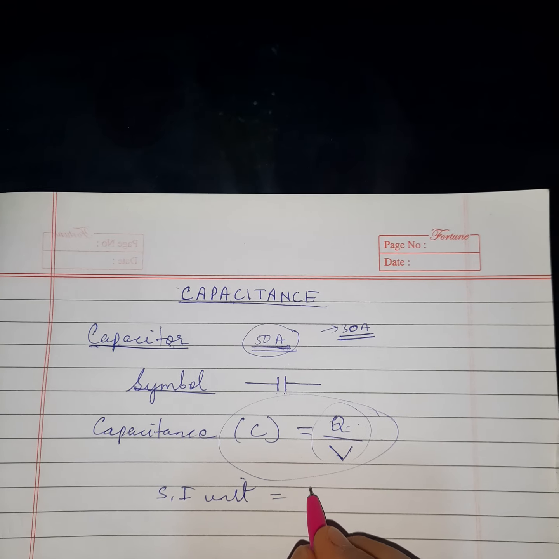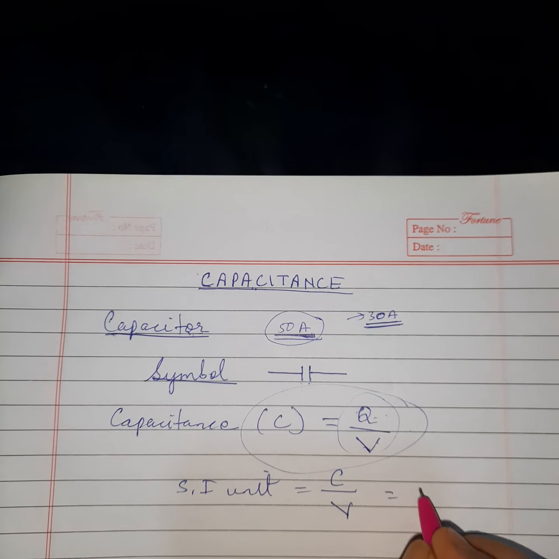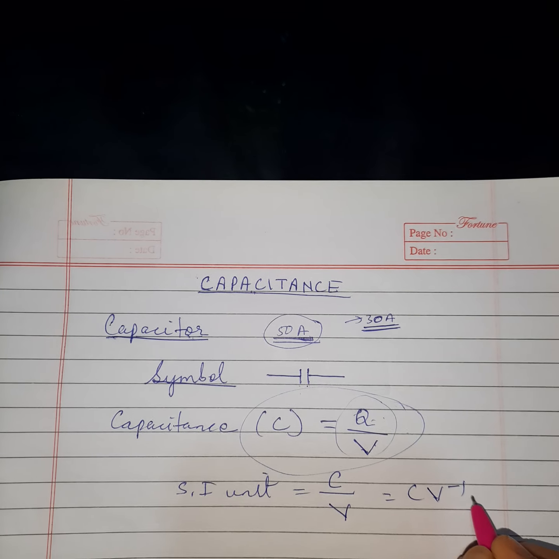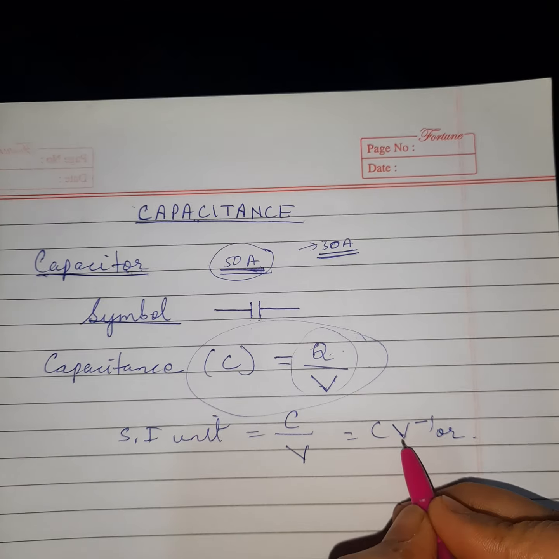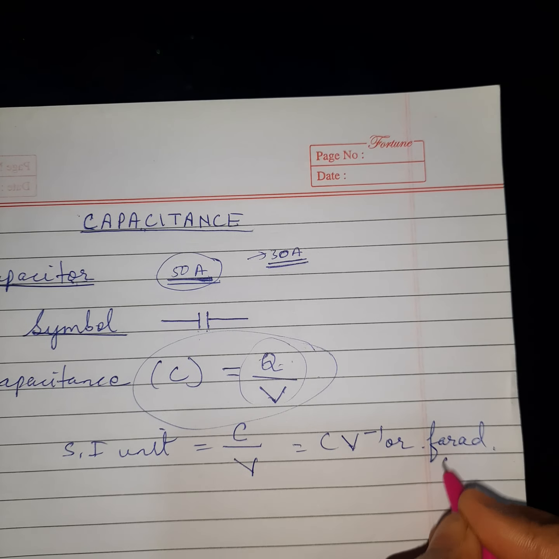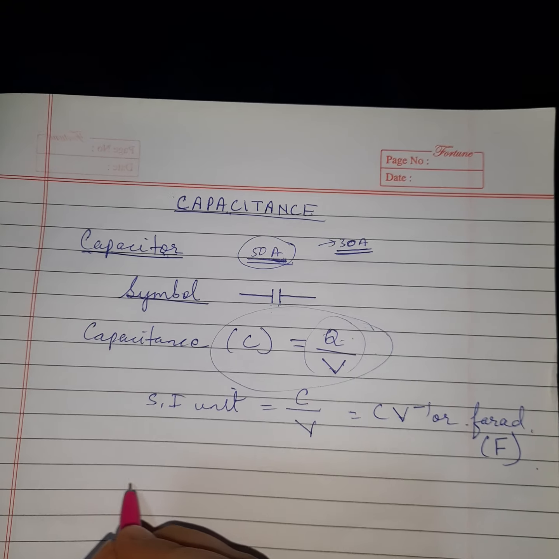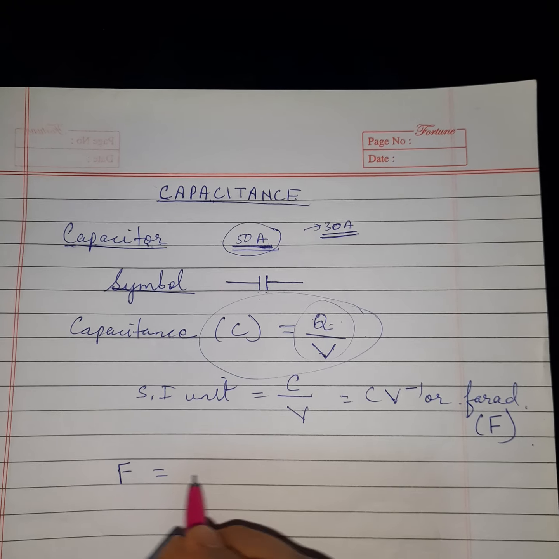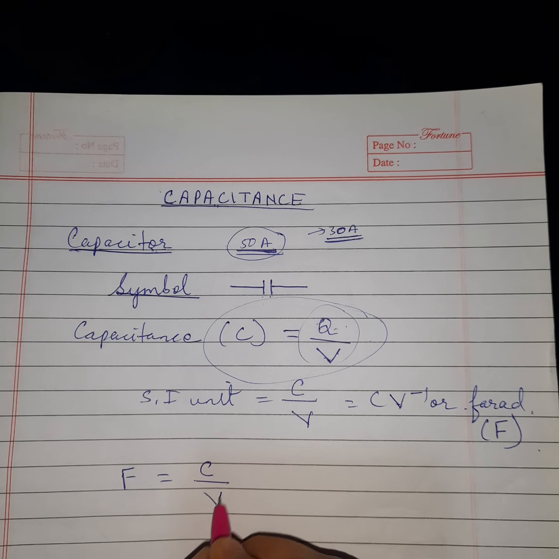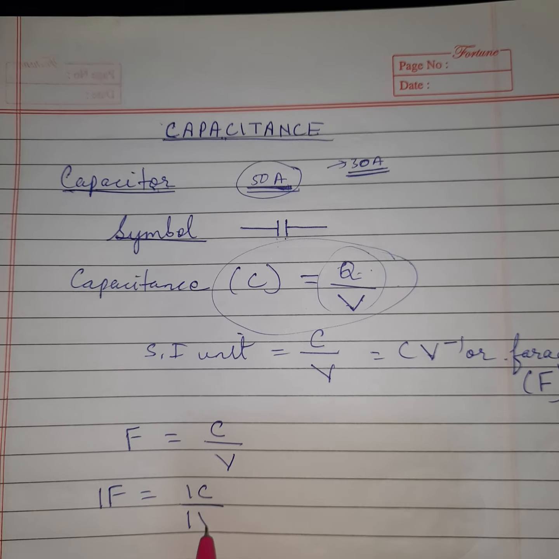Unit for charge is coulomb, unit for potential is volt, so you can write it as coulomb per volt, or in physics we commonly use the unit farad for capacitance, denoted by F. Therefore farad is nothing but coulomb per volt, so 1 farad will be equal to 1 coulomb per 1 volt.